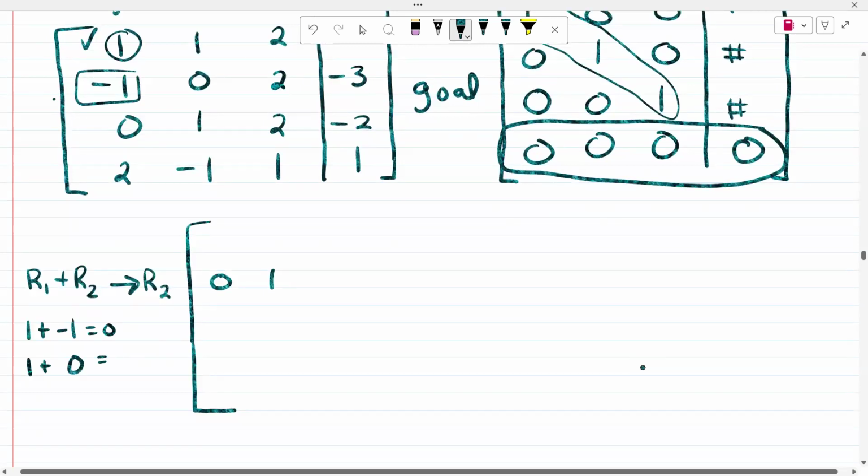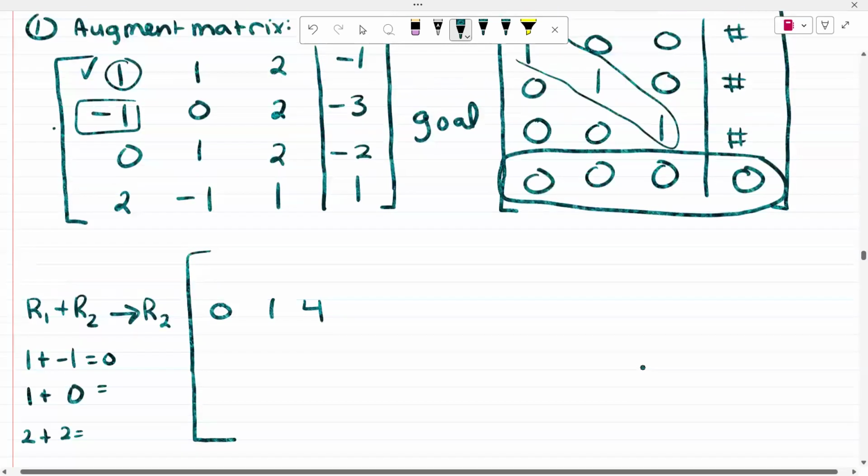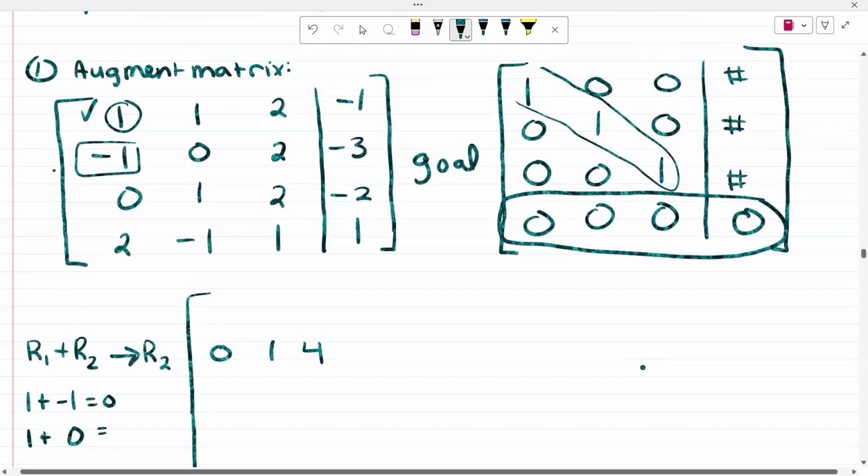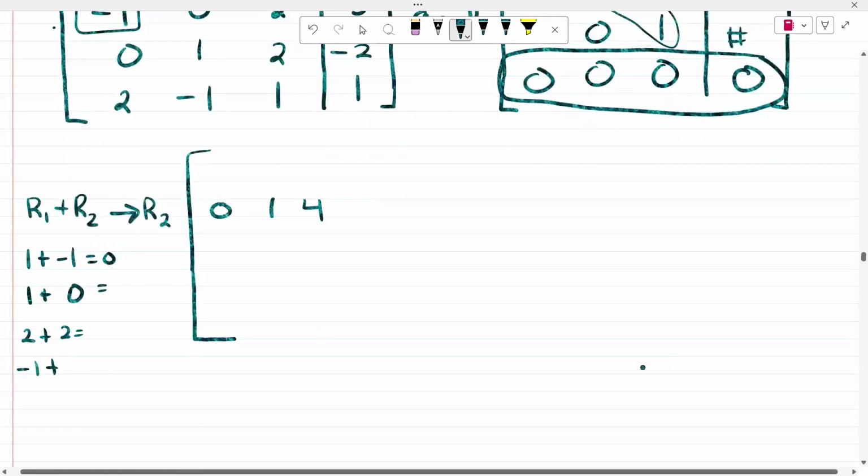Third number in row 1 is 2, plus third number in row 2 is 2. So that would be 4. And then lastly, the last number in row 1 is -1, plus last number in row 2 is -3. So -3 plus -1 is -4.